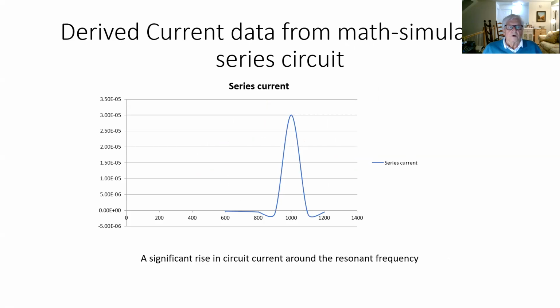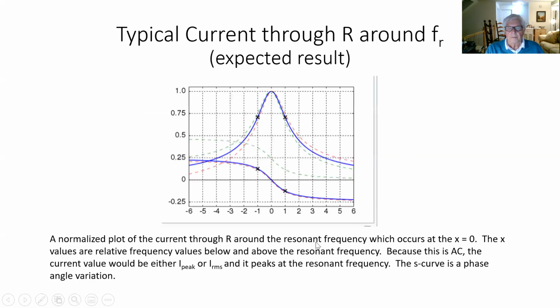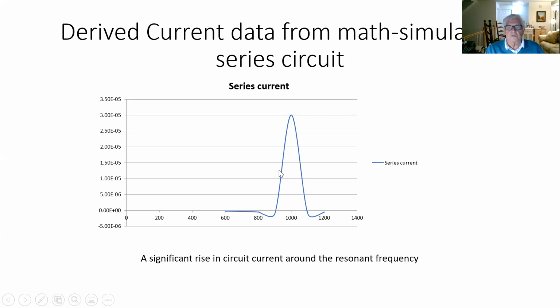According to the current data from the simulation that we just did, we look at the series current, and we get just the curve that we were supposed to get. This shows that there's a peak. So in the case of a series resonance circuit, we get a peak in the series current.